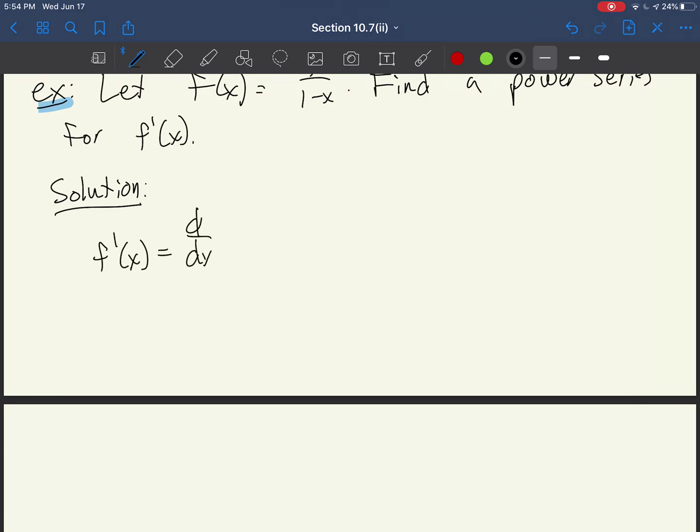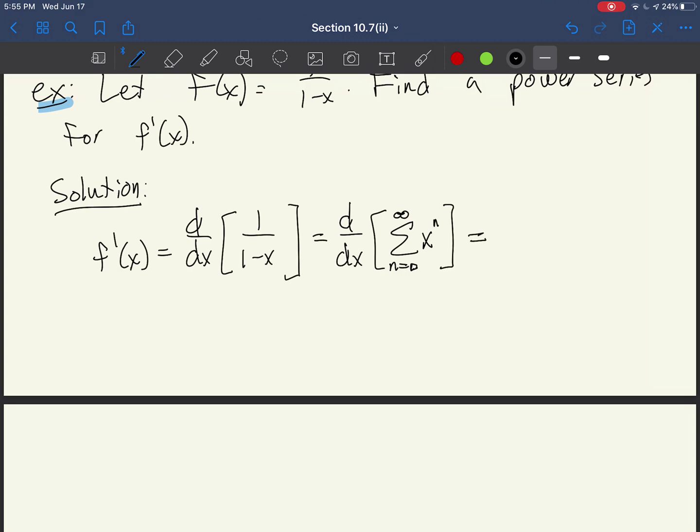So the way we do this is we have f prime of x, by definition, is the derivative of 1 over 1 minus x. This is, assuming that x is less than 1, then we can write the power series representation for 1 over 1 minus x. That is the sum from n equals 0 to infinity of x to the n.